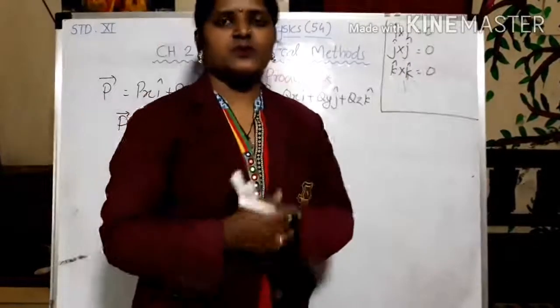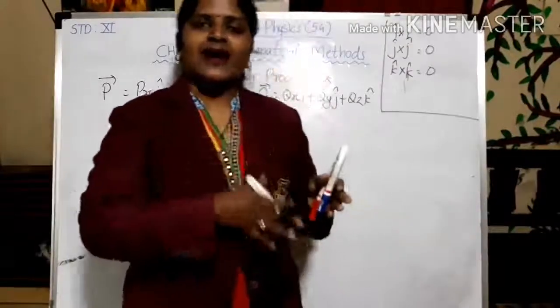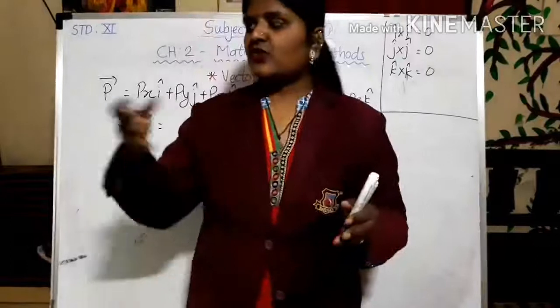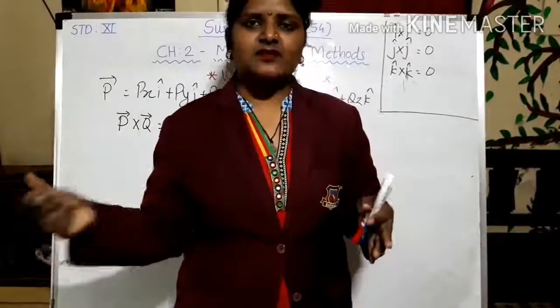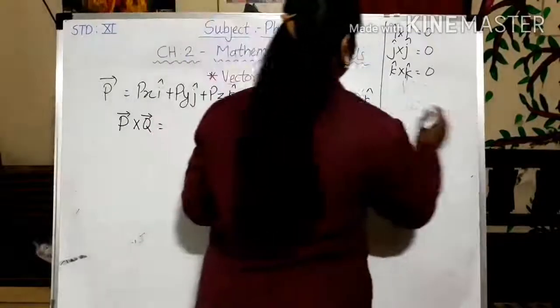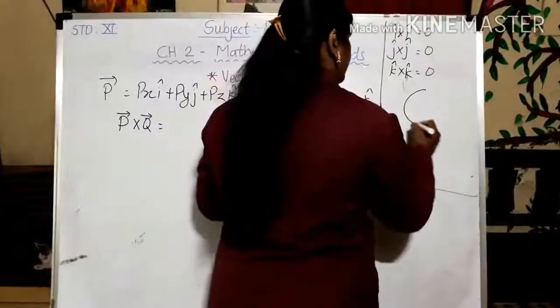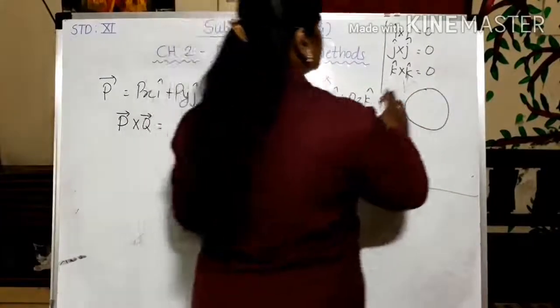Now what happens when they interchange their positions? Meaning what happens when i cross j is there, j cross k is there, k cross i is there. So I will tell you the next characteristic for that multiplication. For that you have to remember it in such a way that, see, I have drawn a circle.